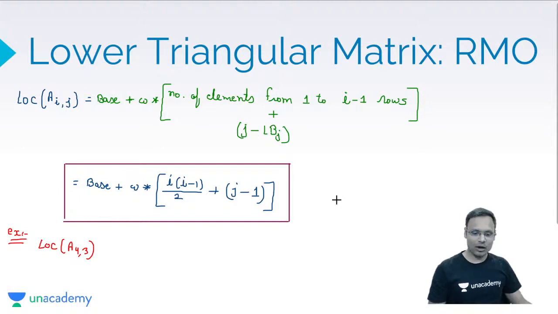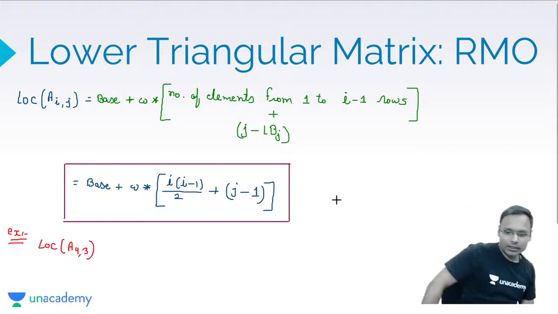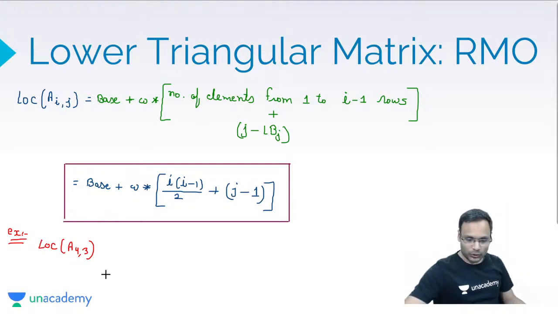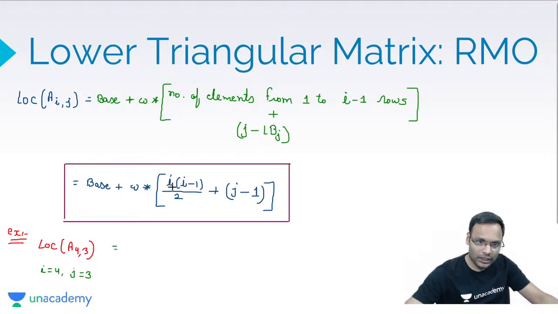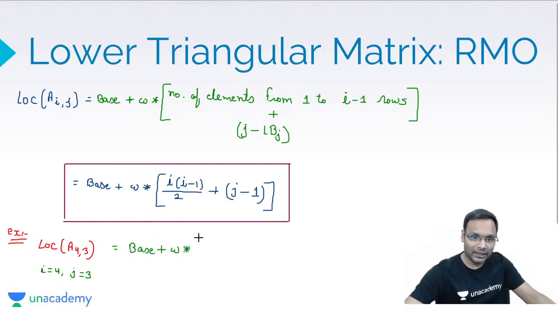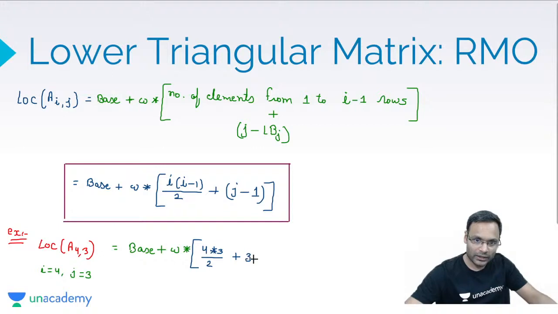Now let's try to calculate A of 4,3. I is 4, J is 3. Base plus W into I, which is 4 into 3 divided by 2, plus J 3 minus 1. 6 plus 2, 8.